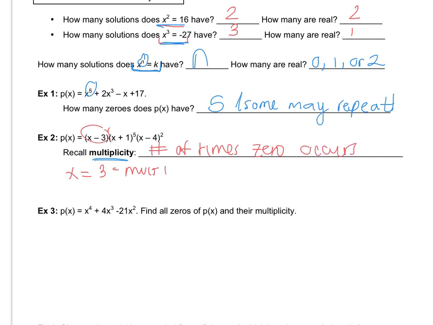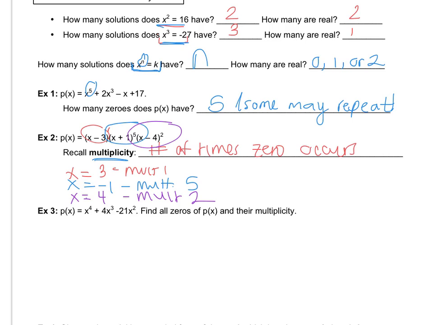Okay, and then this factor right here would give us the zero x equals negative 1 with a multiplicity of 5, meaning the zero negative 1 occurs 5 times. And then this factor here gives us the zero 4, multiplicity 2.